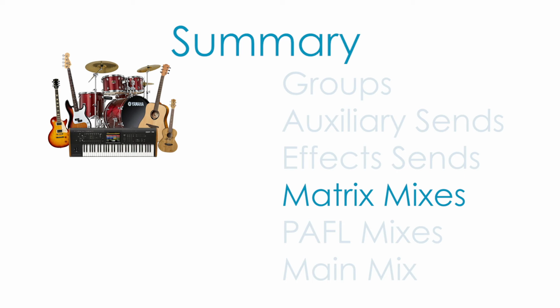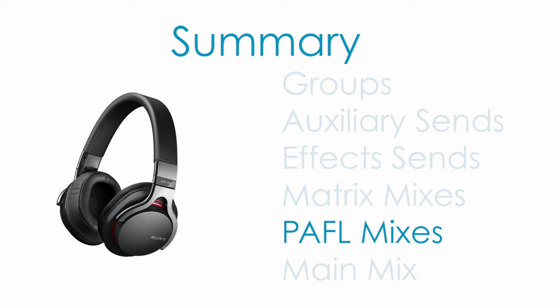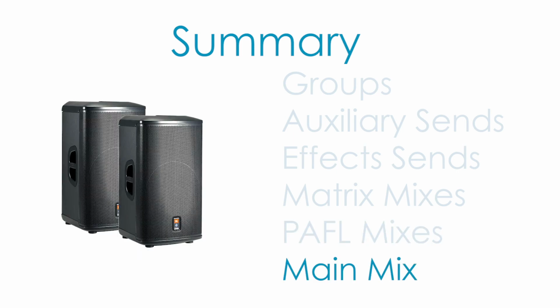A matrix mix is a customized mix containing output mixes routed to other locations, such as the nursery or the overflow tent. A PAFL mix is a headphone mix that allows you to listen or solo one or more inputs and/or output mixes. And the main mix is a mix containing any number of inputs and/or groups routed to the main speakers.